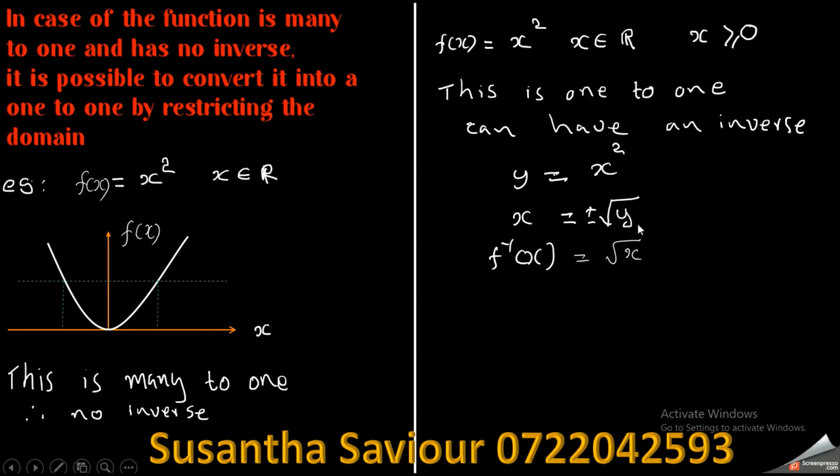Now, the domain of the original function is positive. Therefore, the range of the inverse should be positive. That's why we are discarding minus and taking the positive root, right?